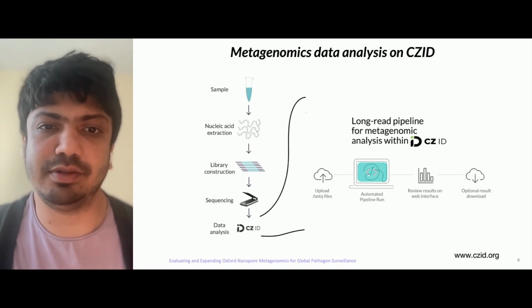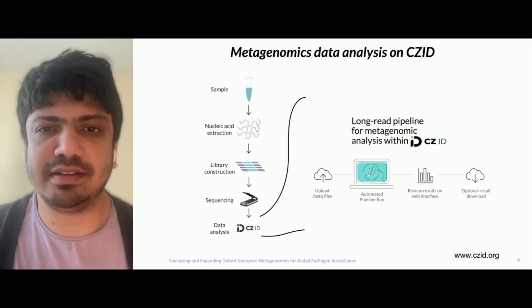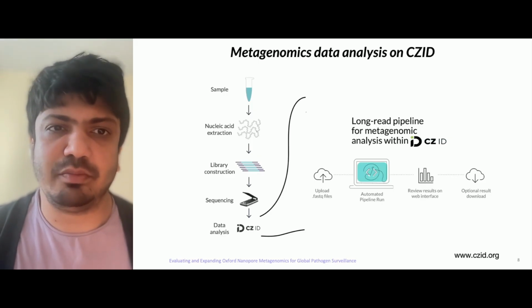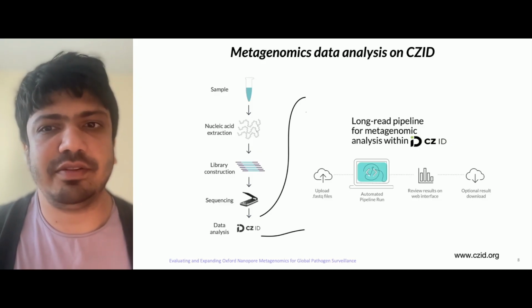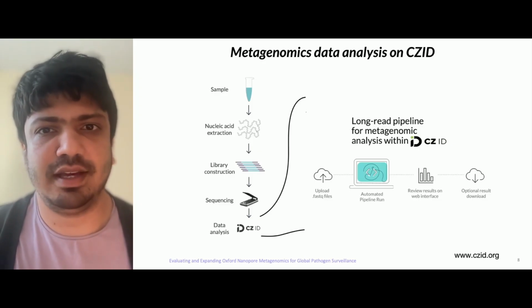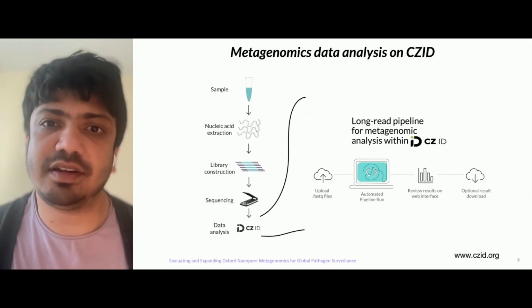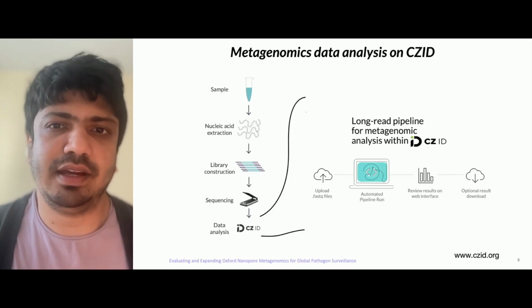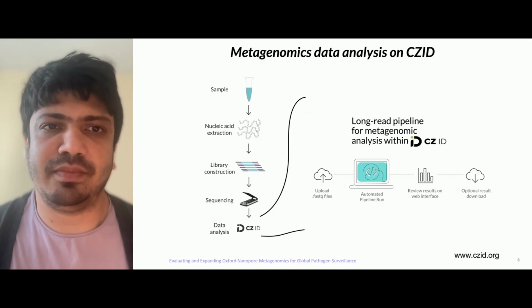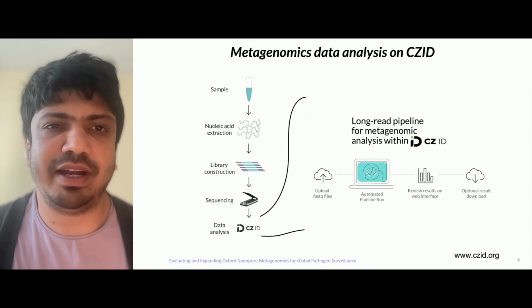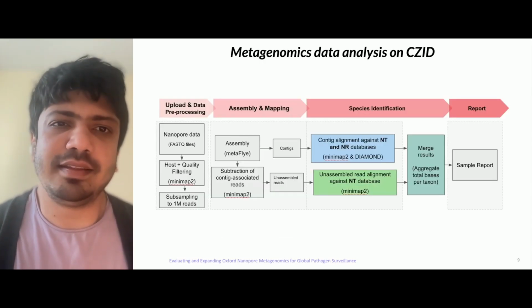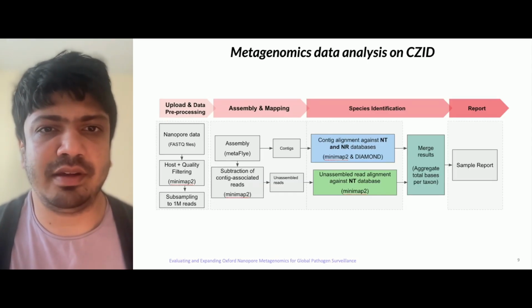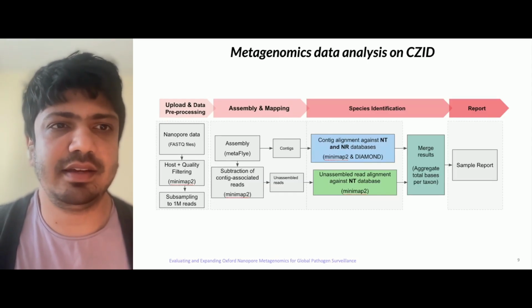All you have to do is upload your FASTQ files, and the pipeline will run on the cloud, and then you can review the results using a web interface. There is also a long read pipeline that can be used for Oxford Nanopore data for metagenomic sequencing analysis. This is just going over quickly how the workflow is for the data analysis.